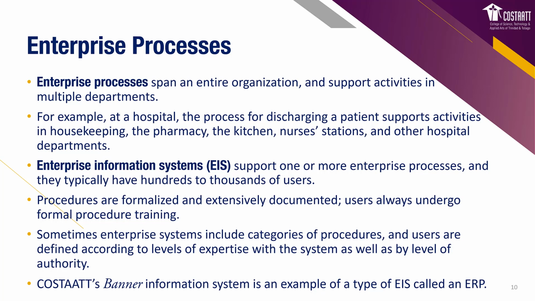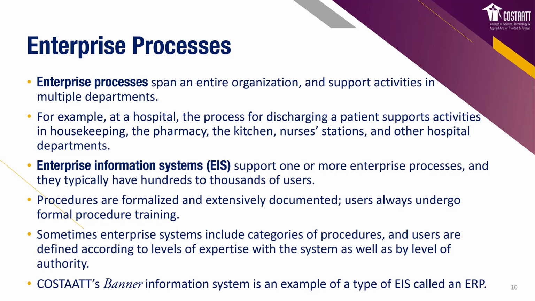Both faculty and staff use Banner, but also administration uses Banner, and guess what? Even students use Banner. It's an enterprise-wide system, and it supports multiple processes within the organization, and there are hundreds or thousands of users. Procedures are formalized and extensively documented, and users always undergo some formal training on how to use the procedures, how to use the system.